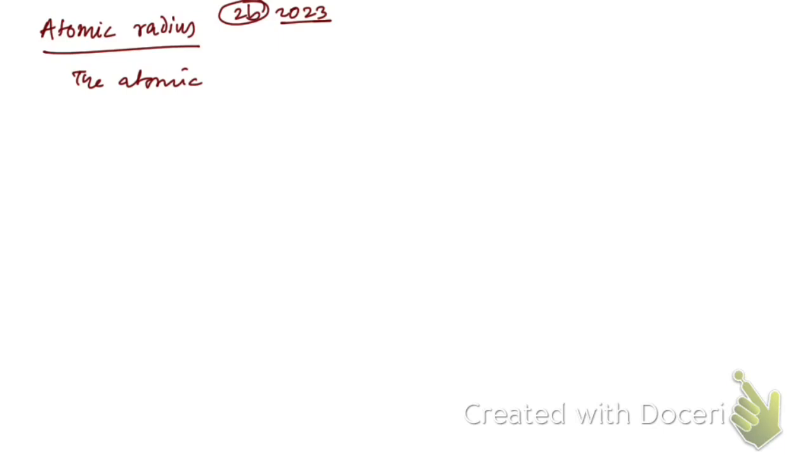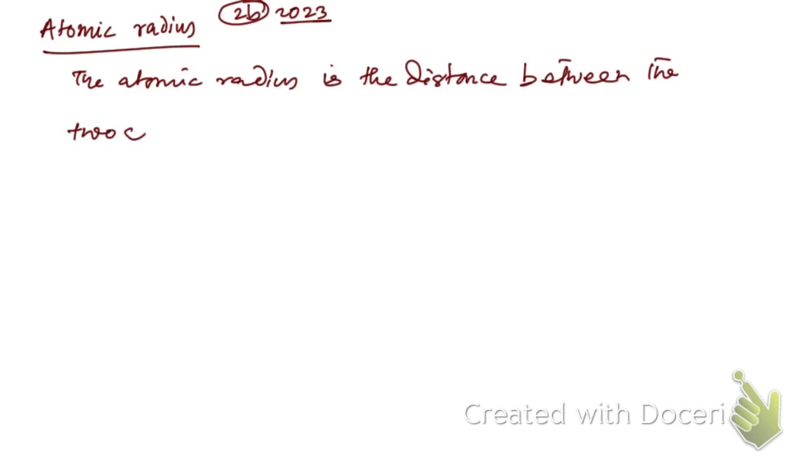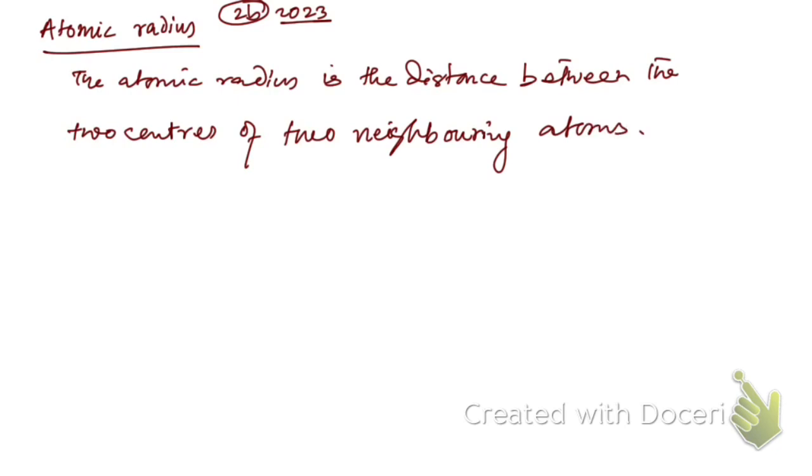Atomic radius is the distance between the centers of two neighboring atoms, right?